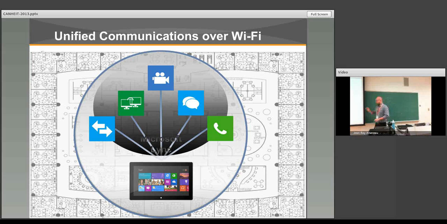Now we're starting to see the highest grade of convergence, and that's at the application layer. I've got a piece of software that does voice, video, file sharing, chat and presence, all in one stream. Being able to rip that apart and actually use that traffic inspection becomes a lot more critical when we're managing the air.